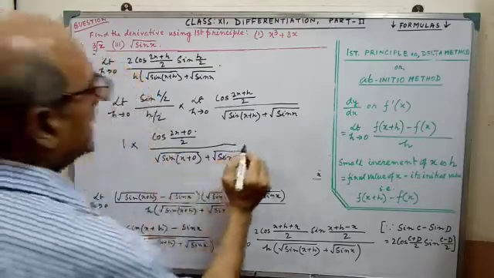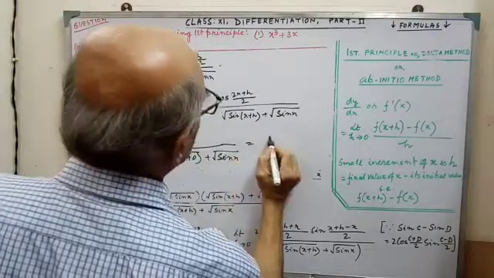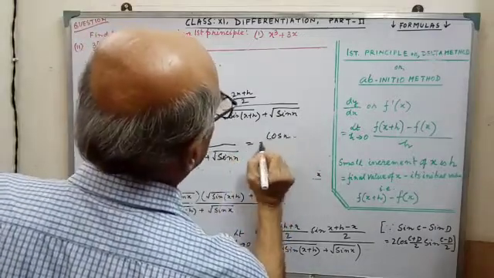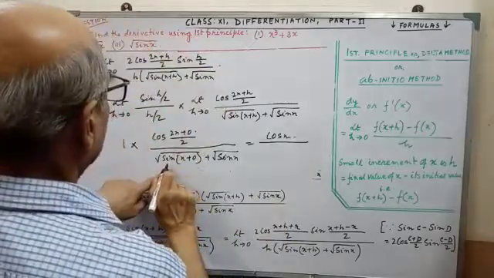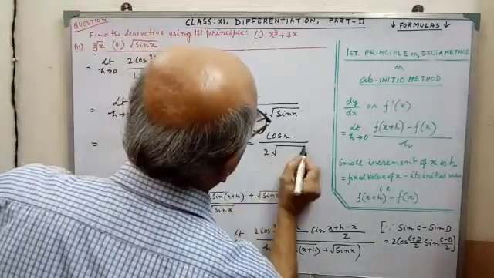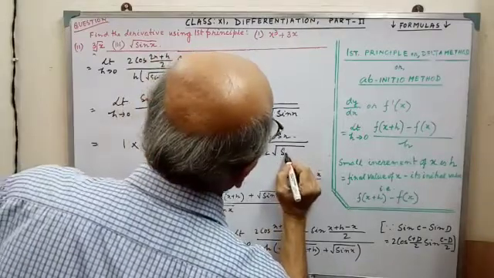The 2 and 2 will be cancelled, so it will be cos x divided by root sine x plus root sine x, that is 2 root sine x.